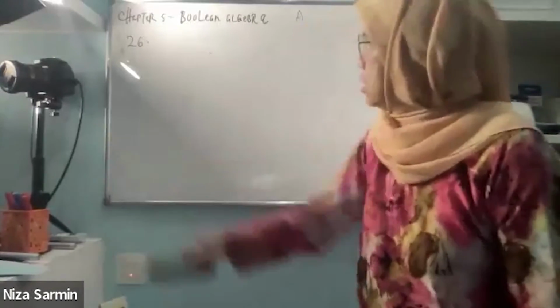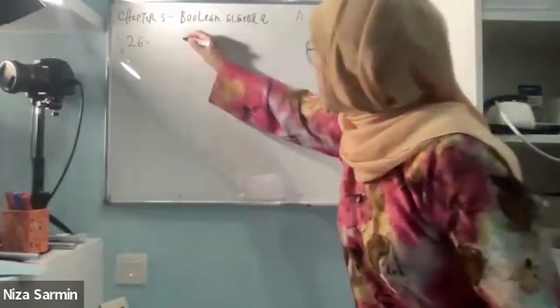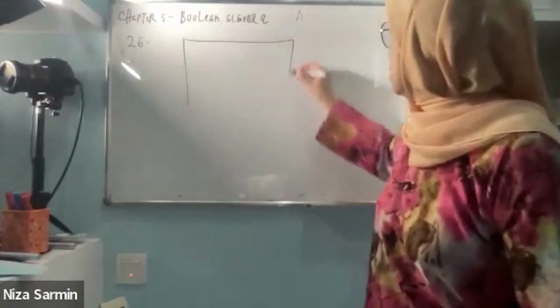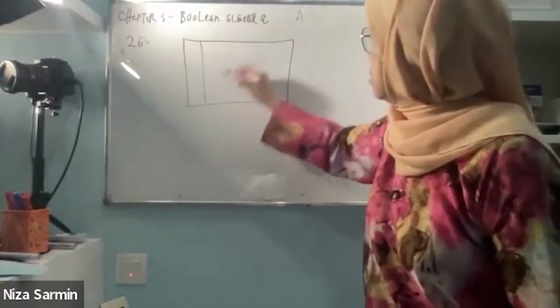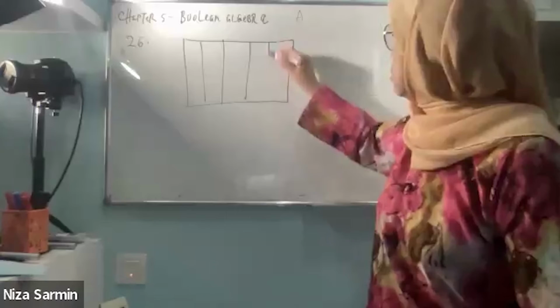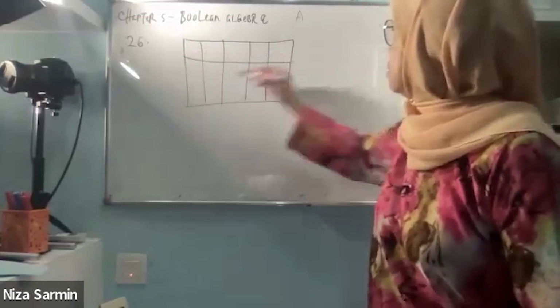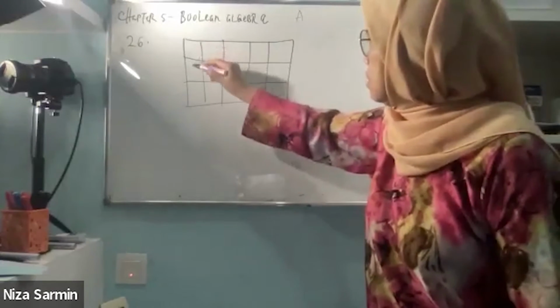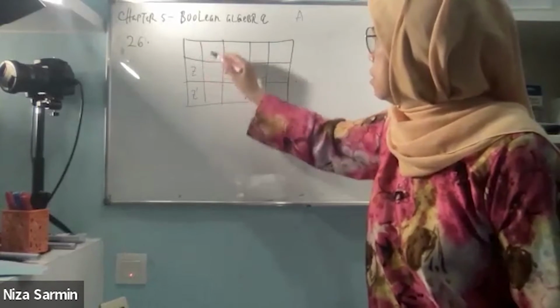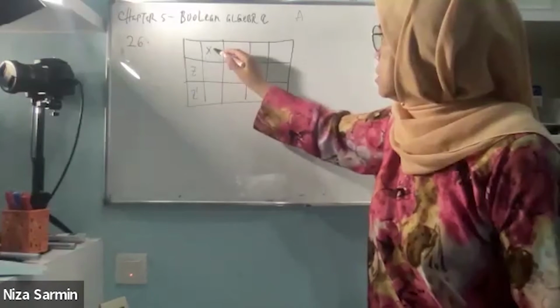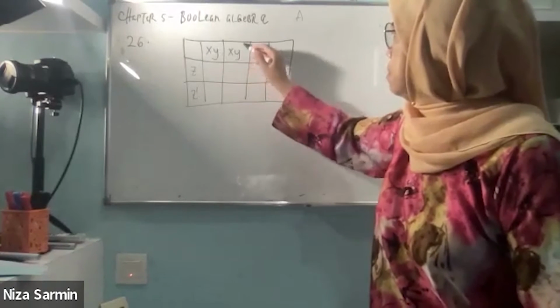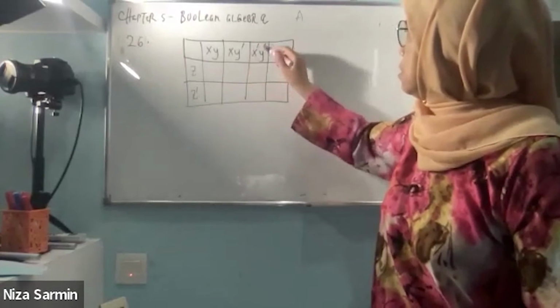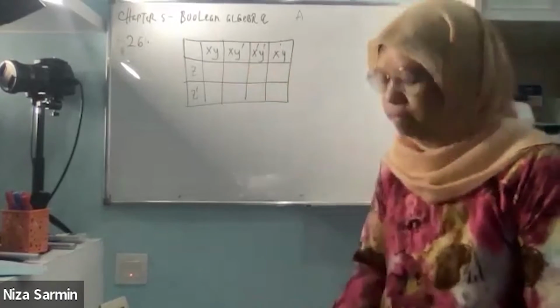From the question, the same thing. Z prime. So X, Y prime, X prime, Y prime, X prime, Y.